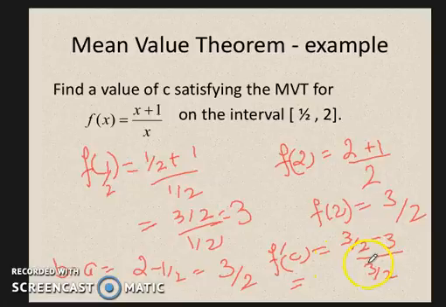Calculate that, this comes out to be negative 3/2 over 3/2, that is negative 1. So that's your answer for this. The c value, c is negative 1, where the derivative is exactly the same as the slope of the secant line through these two points.